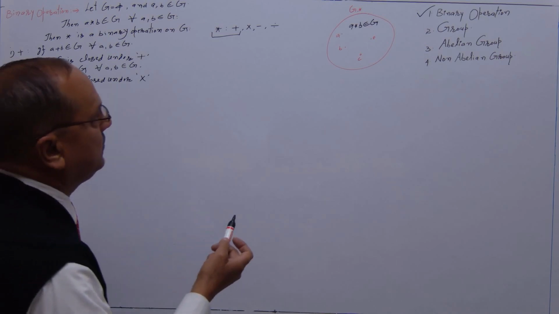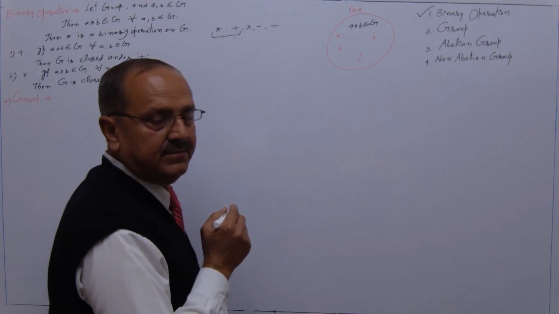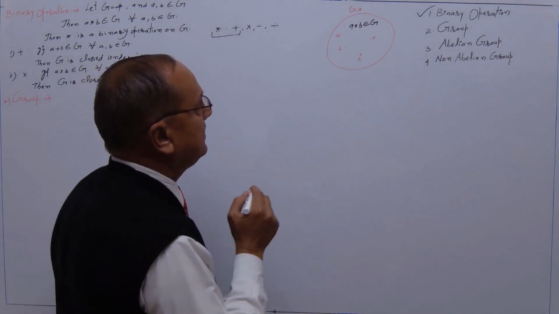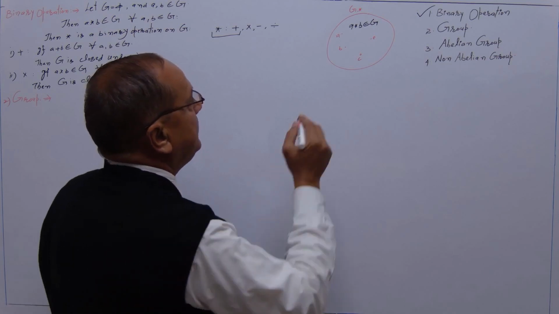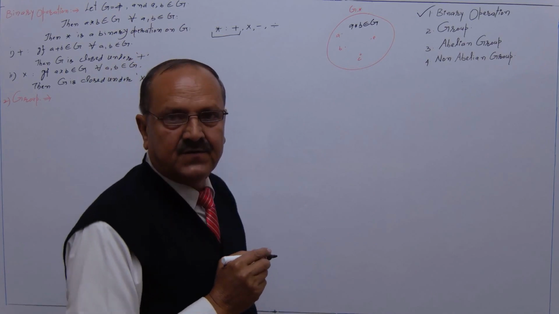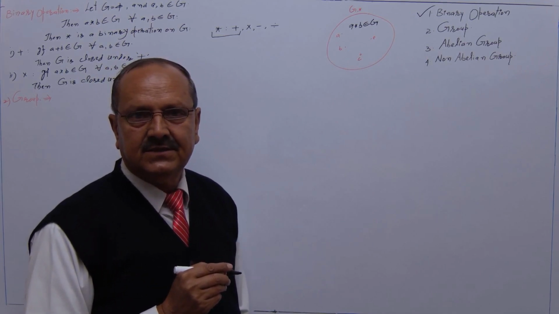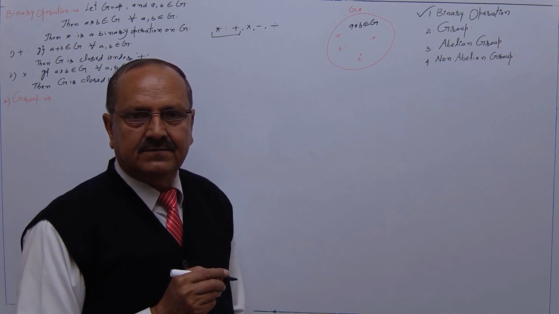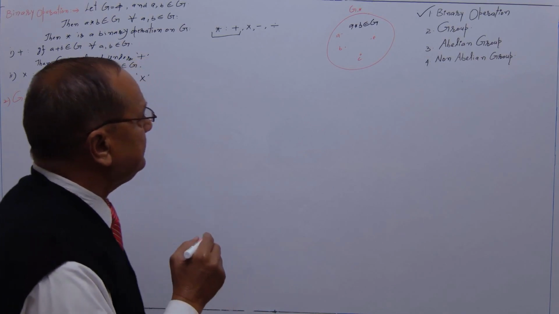So second is group. Let G be a non-empty set equipped with the binary operation star, then (G, star) is said to be a group if it satisfies the four axioms. First axiom is closure axiom, second is associative axiom, third is identity axiom, and fourth is inverse axiom.